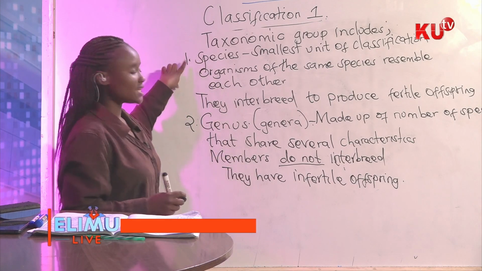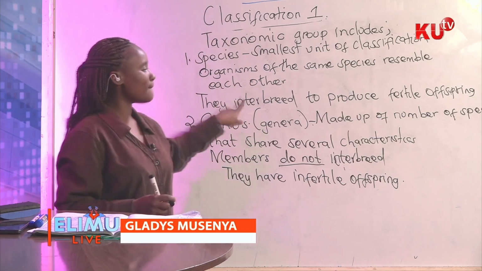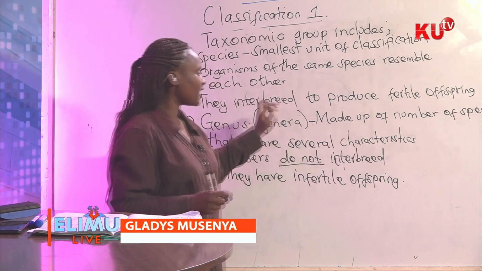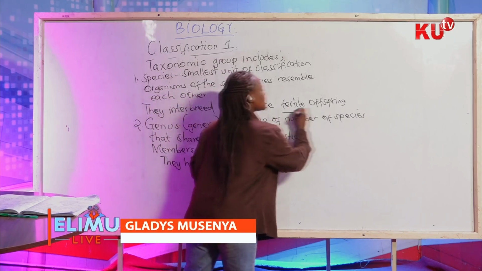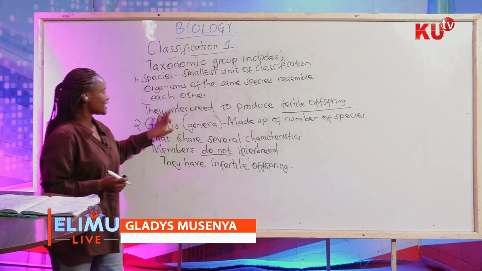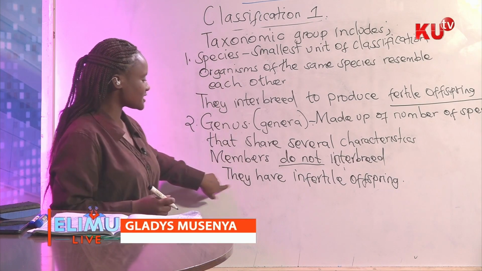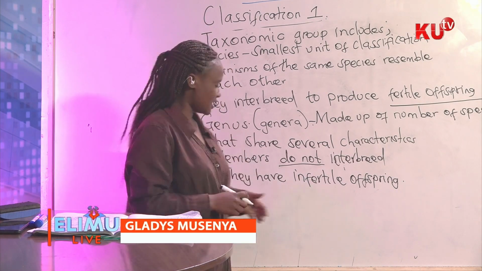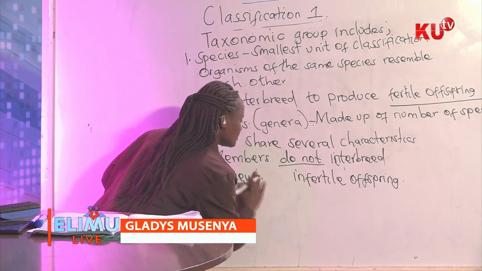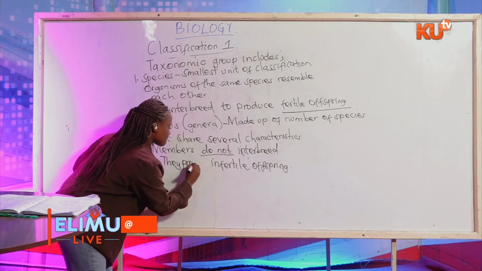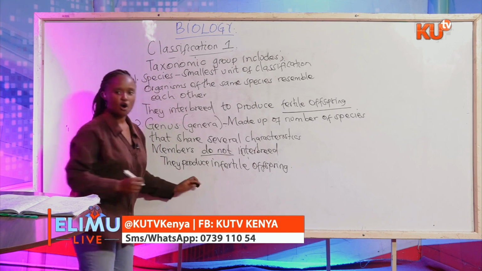And remember, we said in species, they interbreed to produce fertile offspring. But in genus, they produce infertile offspring.